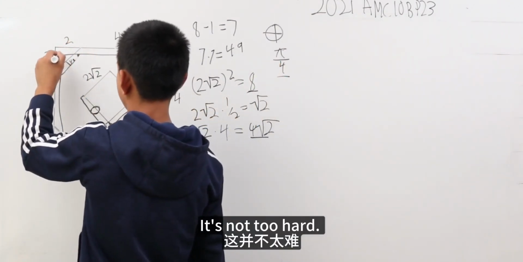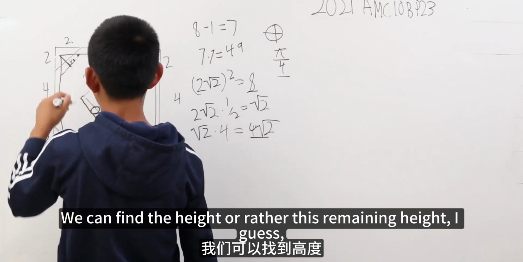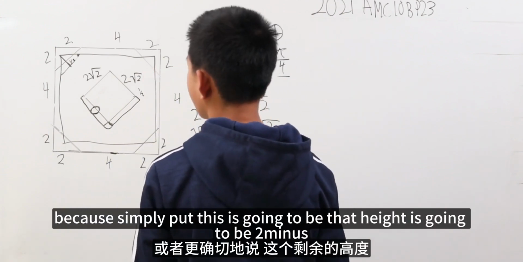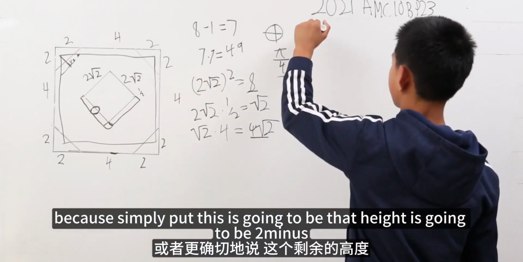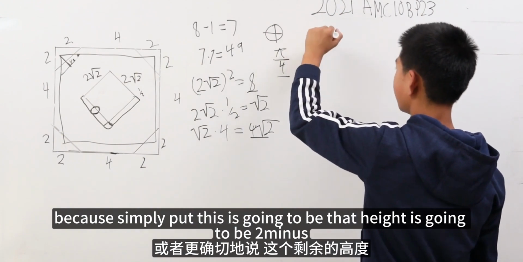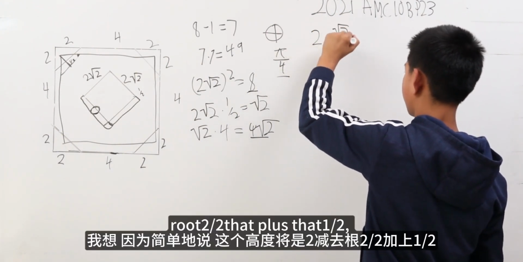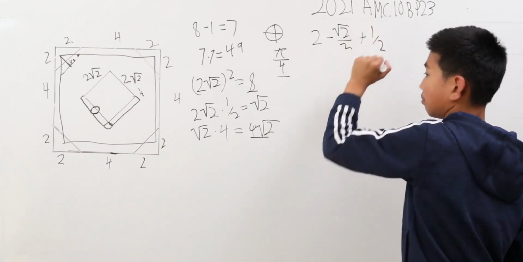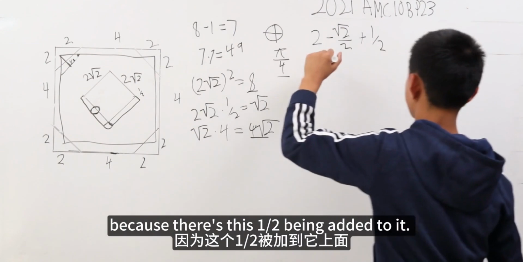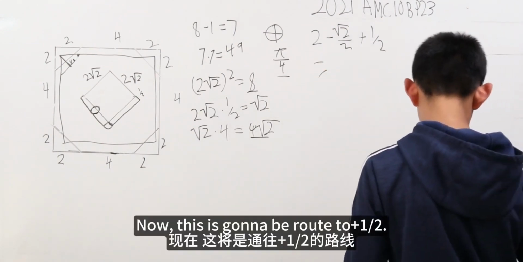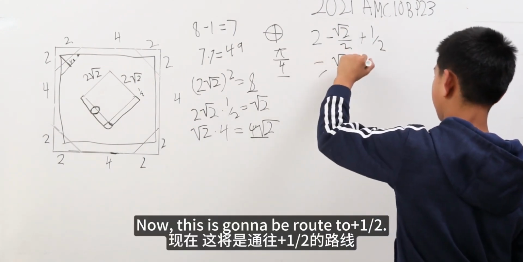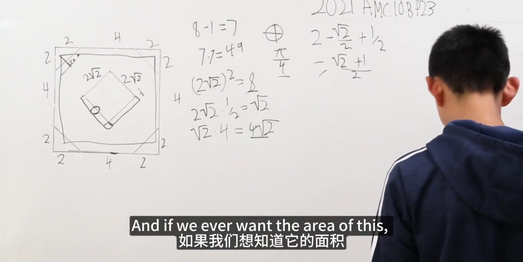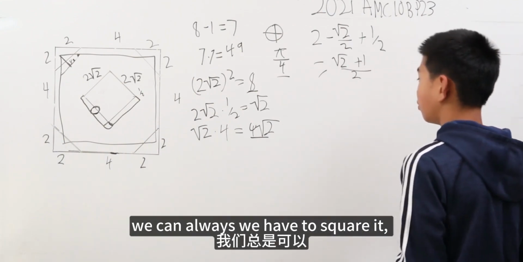We can find this remaining height, which is going to be (2 minus √2) over 2, plus that 1/2, because there's this 1/2 being added to it. Now this is going to be (√2 plus 1) over 2. That is the height, and if we want the area of this, we have to square it.